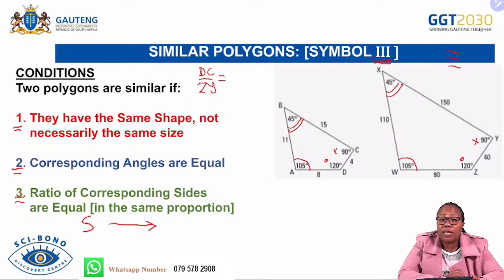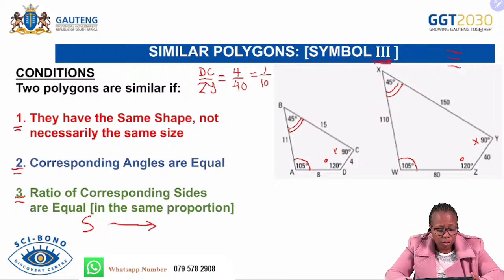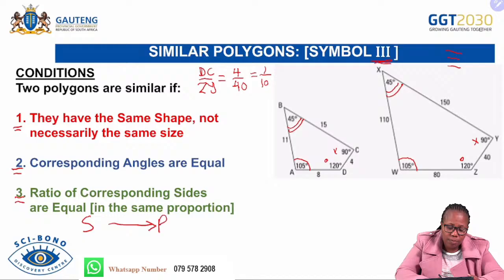Let's check the ratio thereof. DC is 4, and ZY is 40. So the simplified fraction for this will be 1/10. Now let's compare the next one. Remember, we are looking from small to big.